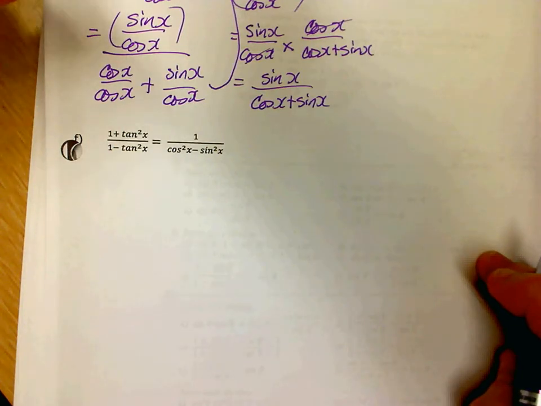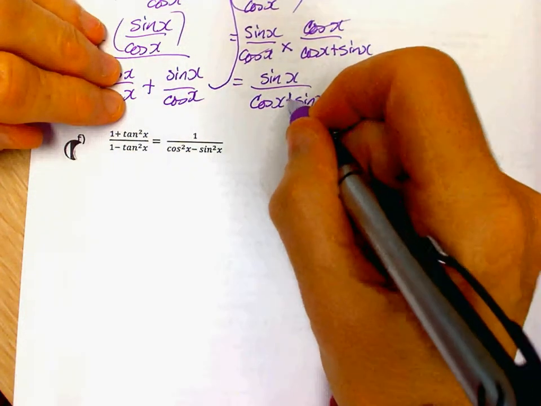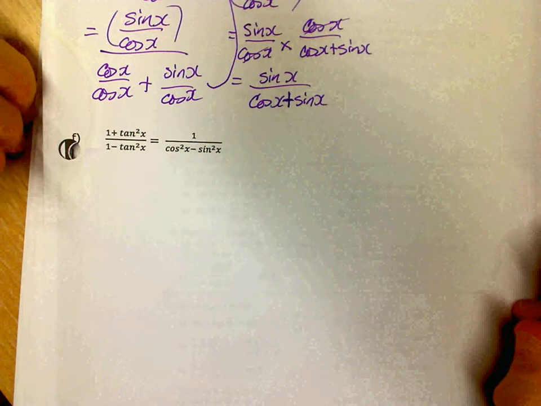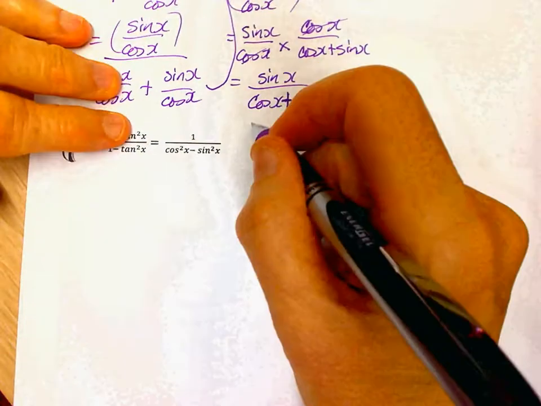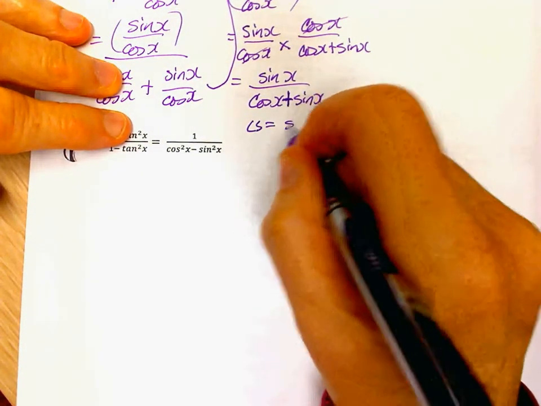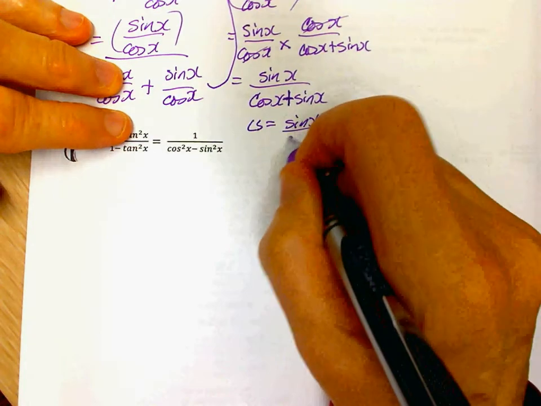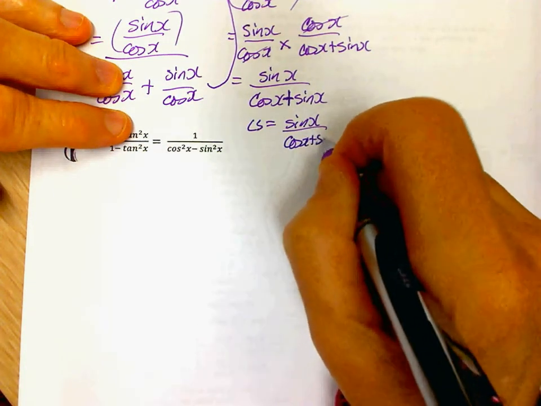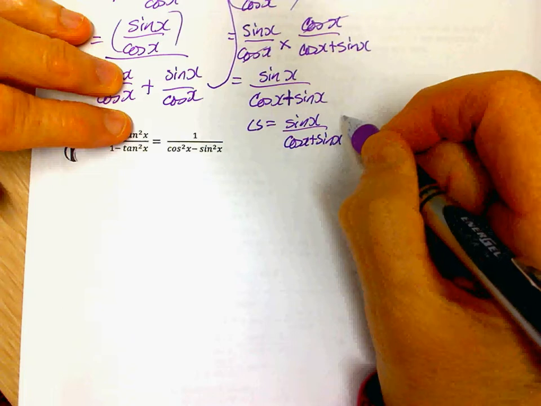No, not when there's a plus sign. So left side equals sine x over cos x plus sine x, and therefore left side equals right side.